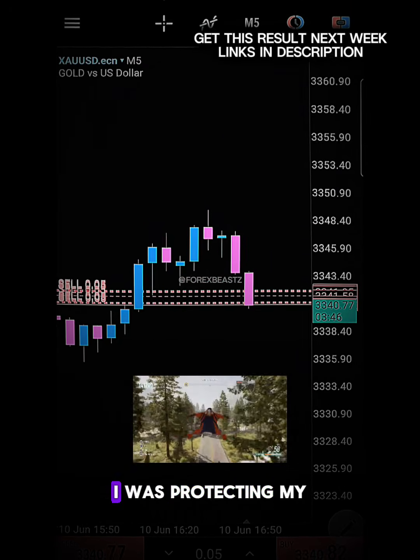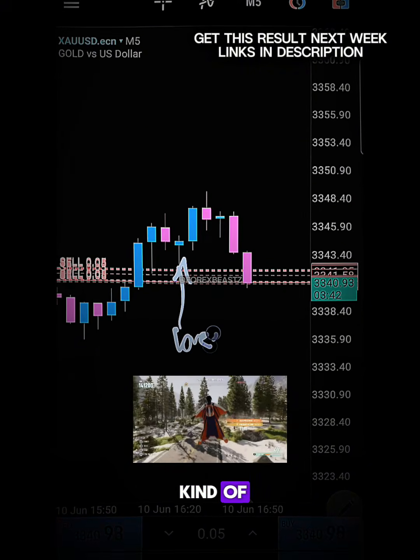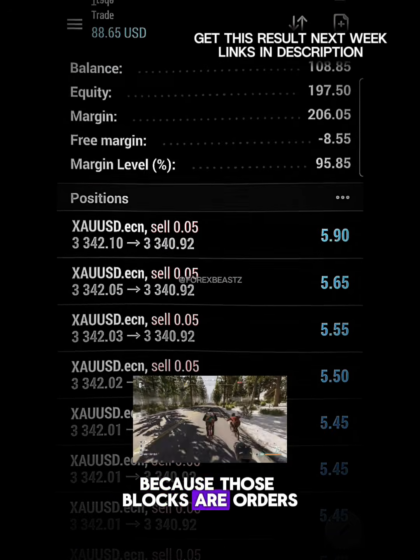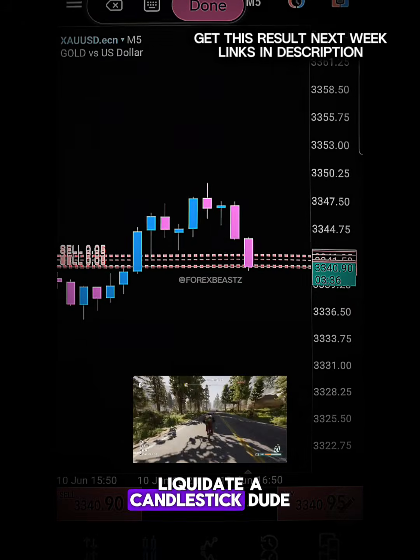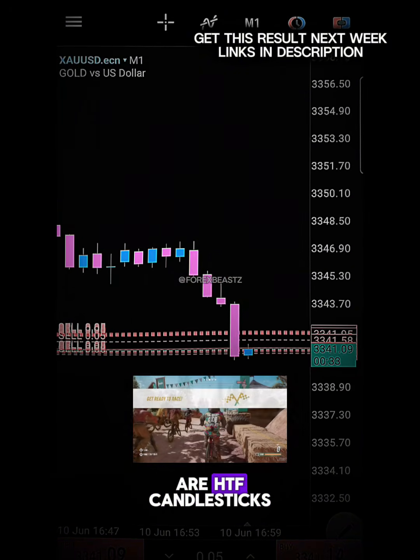So basically I was protecting my entries with all this kind of breakout and all those blocks around that point, because those blocks are orders, those candlesticks are orders, and for price to liquidate a candlestick, dude, it's not going to be easy, especially if those candlesticks are HTF candlesticks.